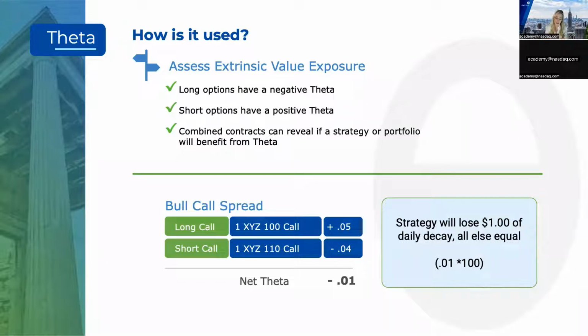I don't need the option to move as much, because I need the option to move more than what I paid for the option. So if I sell something to reduce the amount that I paid, I need it to move less. And additionally, the goal is I'm removing as much time value as I can that I purchased, while allowing the right velocity exposure.